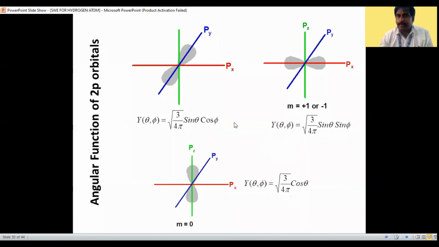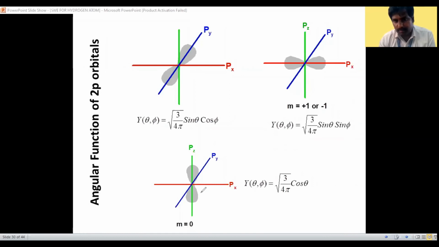And the angular wave function for the p orbitals. Let us see the px orbital. The angular wave function is deciding the shape of the orbital. You see here, sin theta and cos phi is deciding the px or py orbital. This is the py orbital and this is the px orbital. The magnetic quantum number of these orbitals will be either +1 or -1.